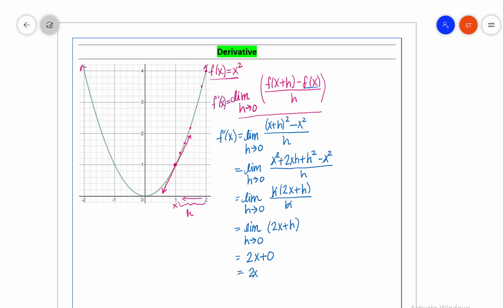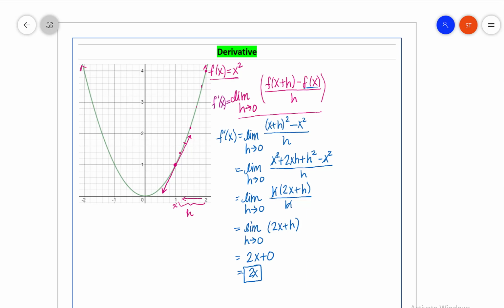What we just found is the derivative of f of x. This is 2x, and this is just a general form. So let's think about what that means. This describes the slope of a tangent line to the graph of x squared. And it depends on what x is for the slope. Let's do some examples.